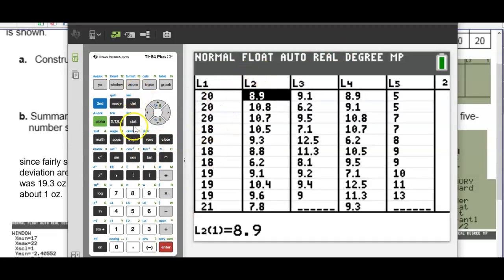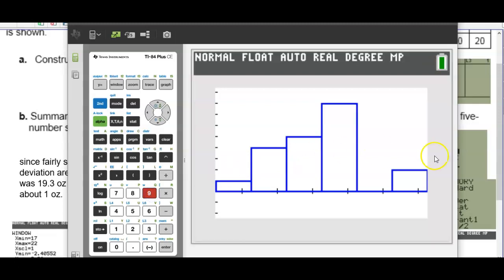These are all the steaks in list 1. Okay, so then I'm going to do a zoom 9. And here's my histogram. Now, the median, the mode, the highest bar is definitely right here in the middle.